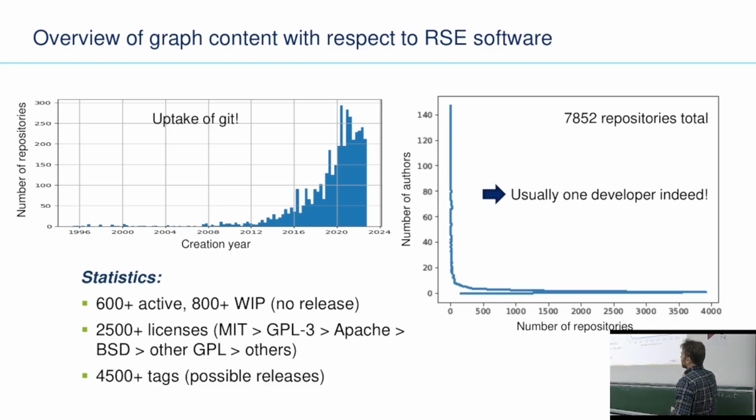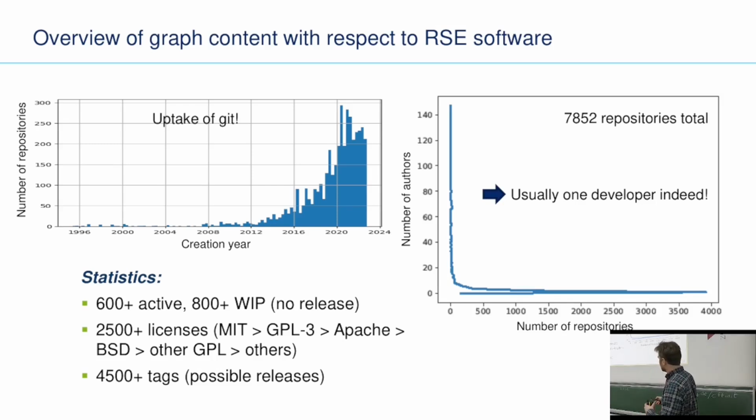And, of course, as expected, not all of the projects, so about 7,800 repositories, are software, but from these, about 600 are active, 800 had no release yet or will never have a release, and not all of these have licenses, and we mostly see open source licensing with MIT the most prominent.